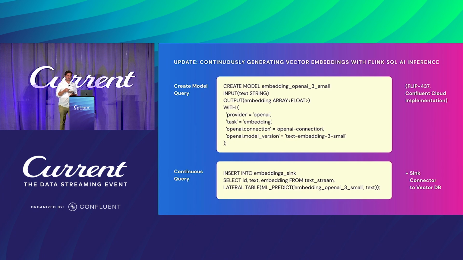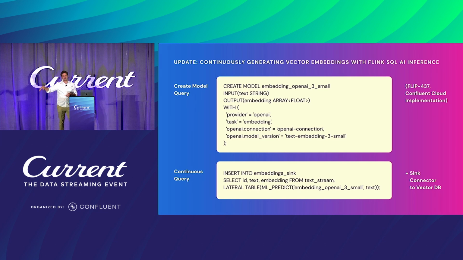So within this proposal you now have the possibility to create models and run them within your Flink instance. In this case, you would create an embedding model with a few lines of code, and then you have a continuous query that runs and calls an API, in this case OpenAI's embeddings API, and this is connected to a sink connector.